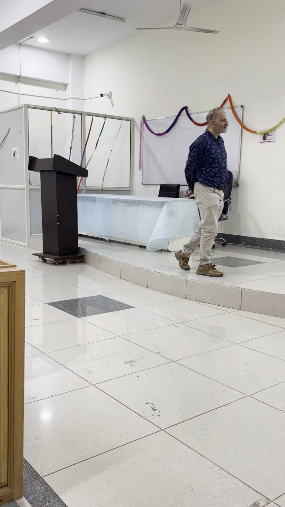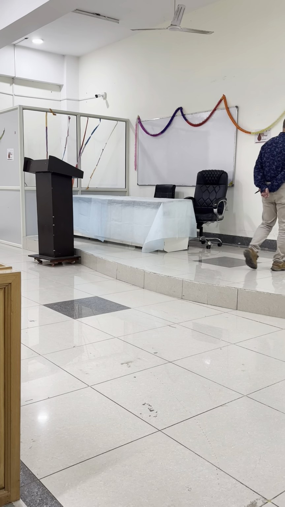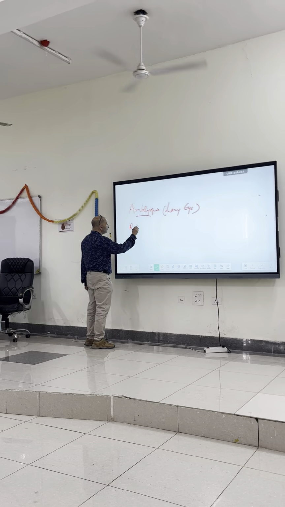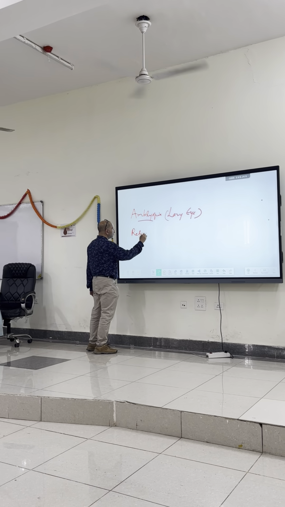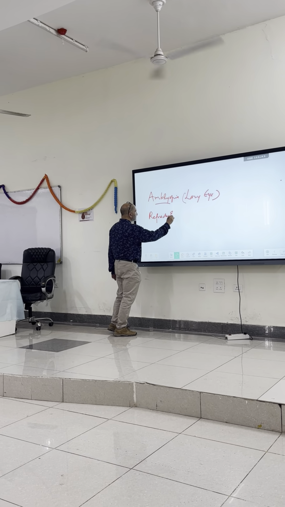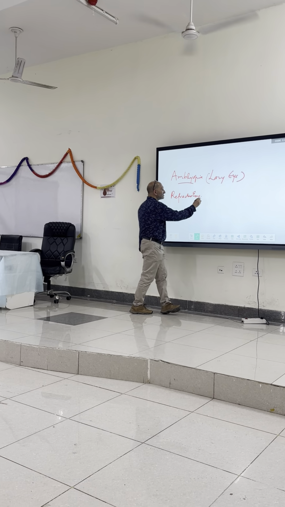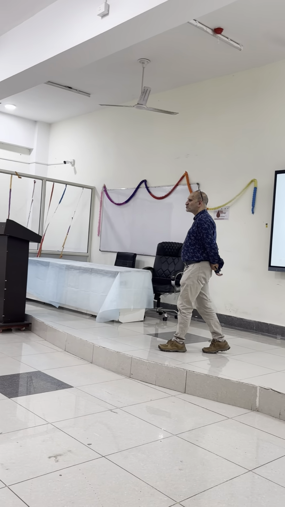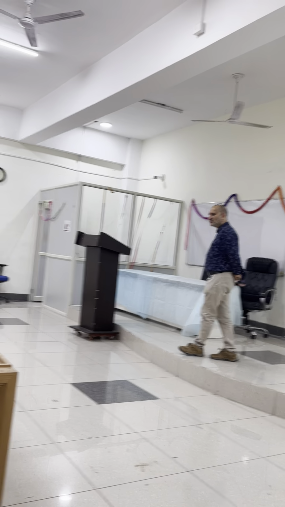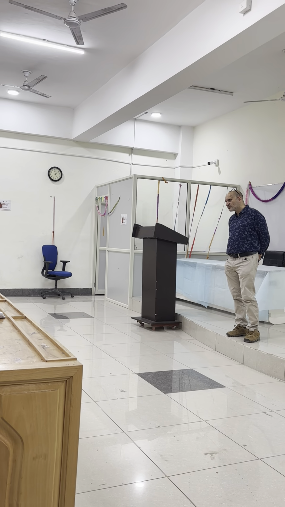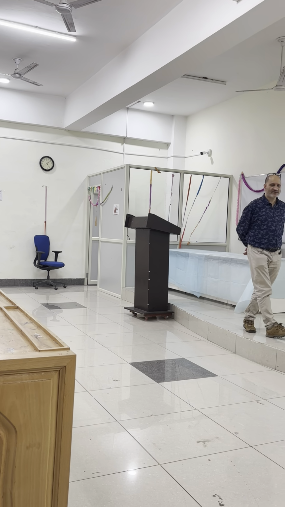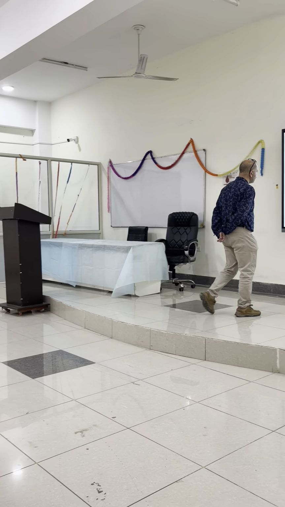In refractive errors, we have three types. This is one term in ophthalmology that's called anisometropia, or anisometropic amblyopia.